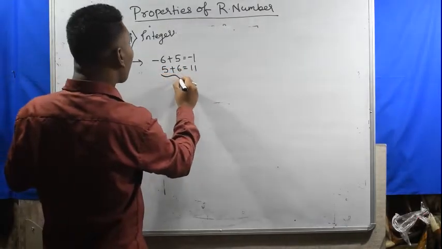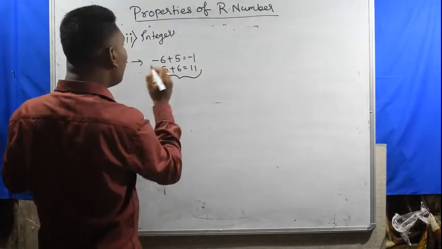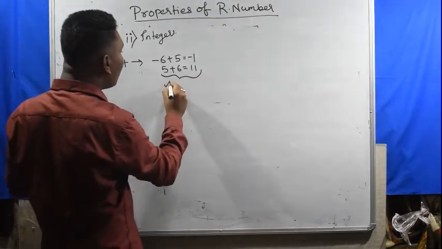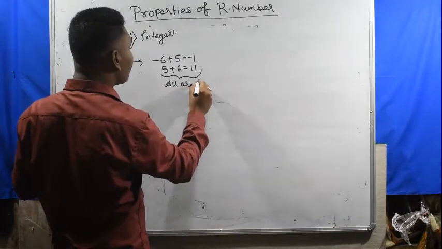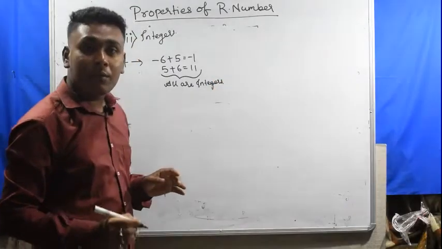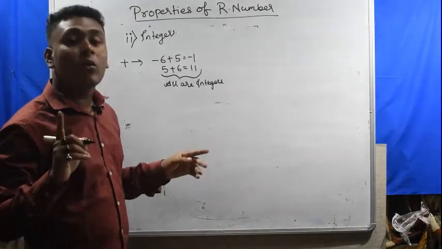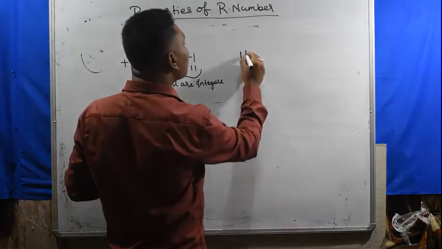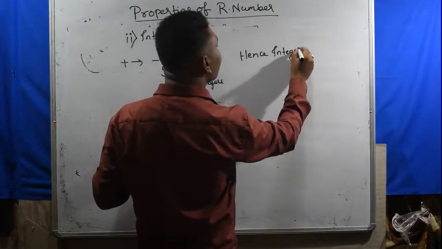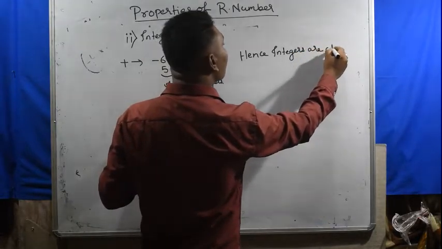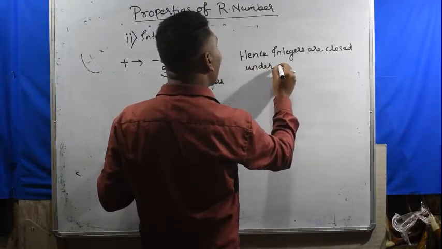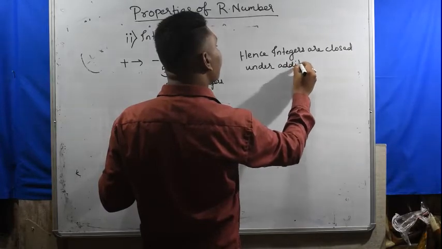All these are integers. So what can we state from this? Integers are closed under addition.